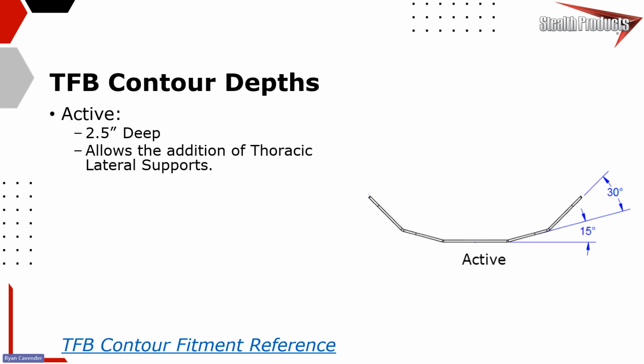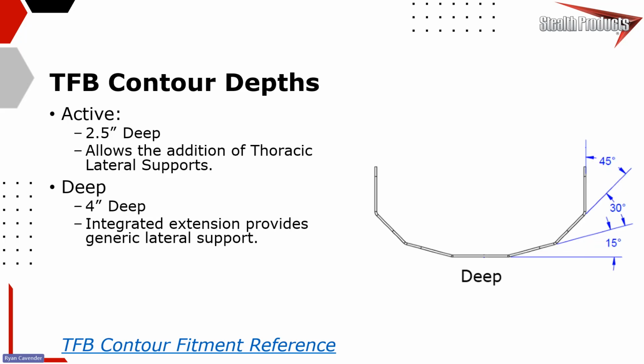So the effectiveness again is really tied to how it fits the client. And so with this active depth, you can add laterals to get a little bit more snug fitting system, a little more targeted stability, things like that. But we also sell this in a deep or an extra deep. So the deep shell here gives that client 4 inches of depth, and that extra depth is going to be an integrated contour, right? So that extra depth is meant to provide some degree of just generic lateral support.